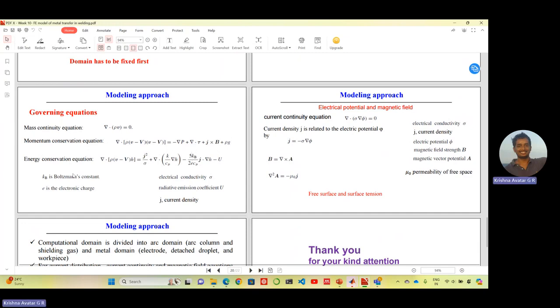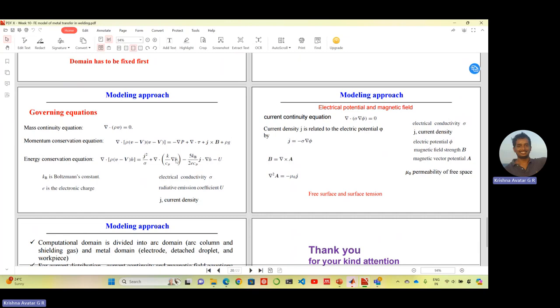Then we have this energy conservation equation. So divergence of rho (v minus capital V) h, where h is our enthalpy, right? And this is equal to J squared by sigma, where J is the current density and sigma is the electrical conductivity, plus divergence of K by Cp, where kappa or K is the thermal conductivity, and Cp is the specific heat.